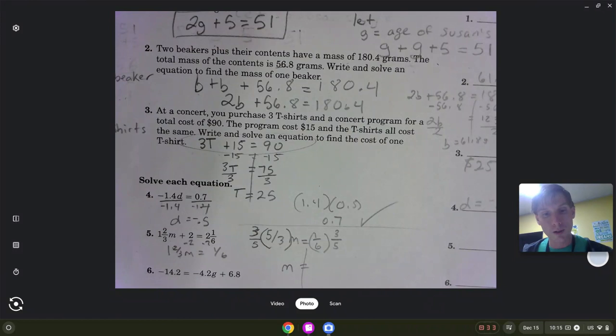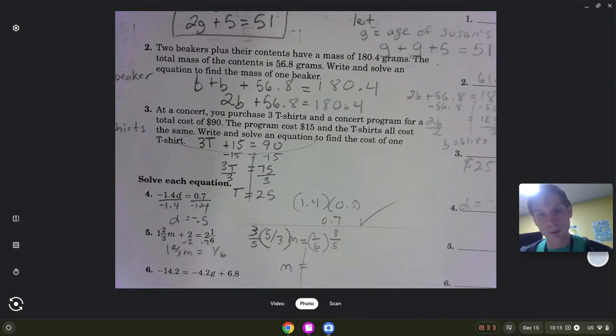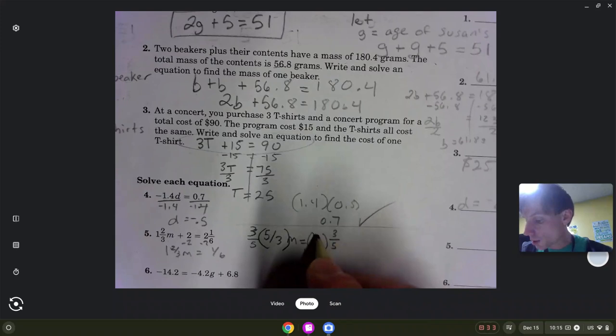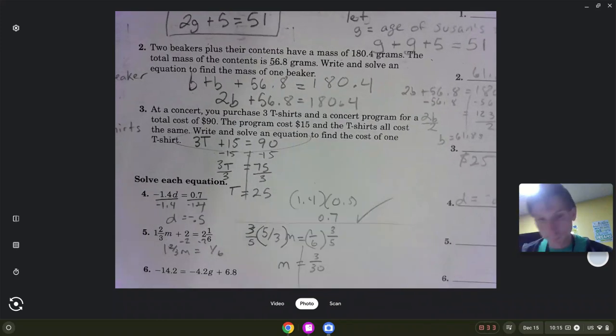Okay, awesome. So how do we do this, right? Some people just kind of got stumped here. Just remember, we're going to multiply our numerators and then multiply our denominators. So in this case, we'll just multiply straight across if we want. We have 3/30.